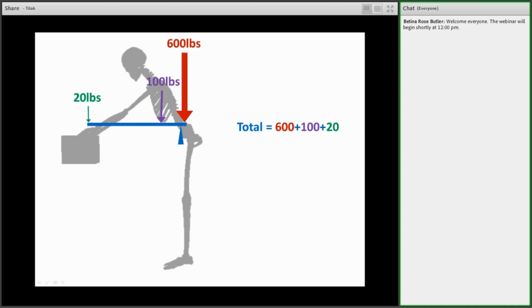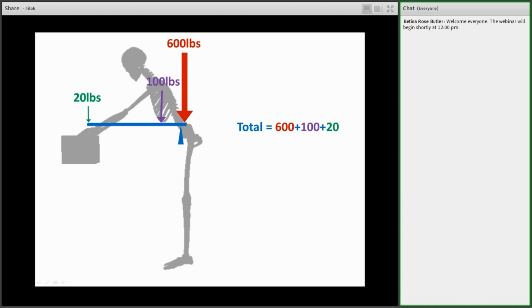Because it's working on such a small moment arm, you can have a huge force there. And the sum of all three of those forces is what our spine feels. That is why lifting something that's relatively lightweight can result in a big force, and it's also why small changes in posture can make a big difference in the load that we feel.